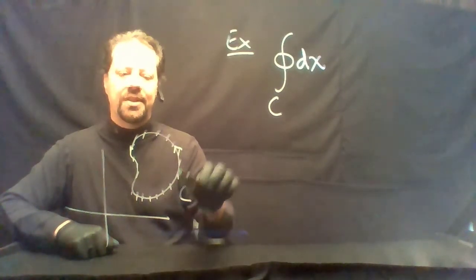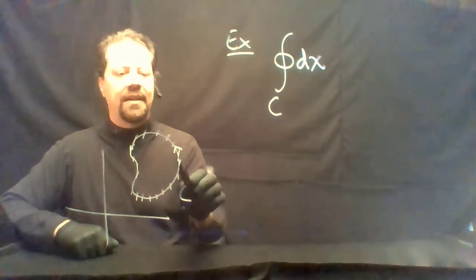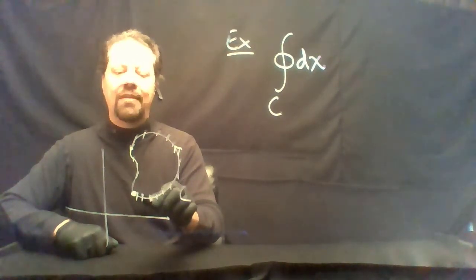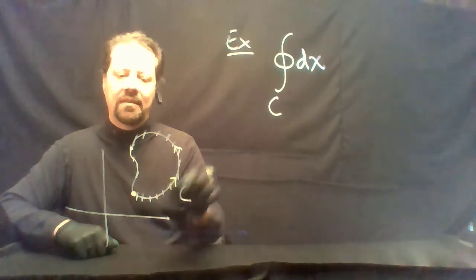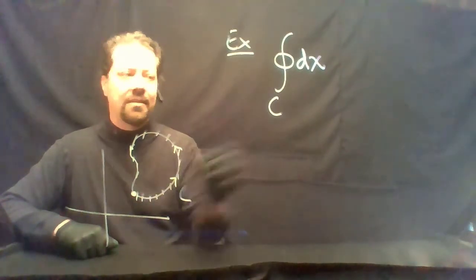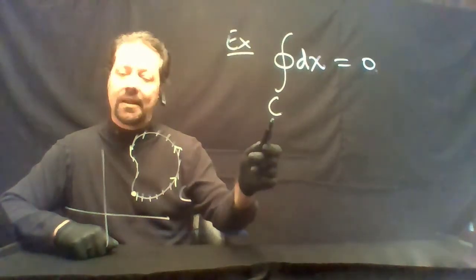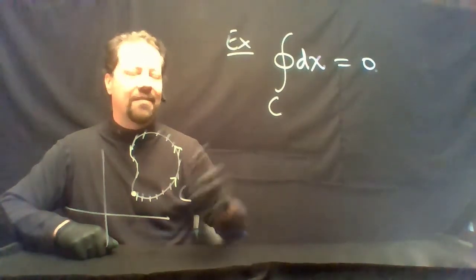On some portions, the changes in x will be positive. On other portions, the changes in x will be negative. If I go completely around this closed loop, the net change in x should be 0, no matter what closed loop you're working with.